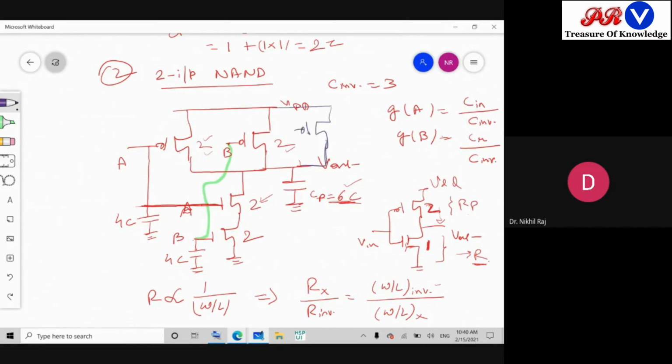And at the bottom I will get one NMOS, C input के साथ. What should be the pull up network? यहाँ क्या आना चाहिए dimension? 2, 2. And what about the pull down network? 6. So कितना आना चाहिए? 6.